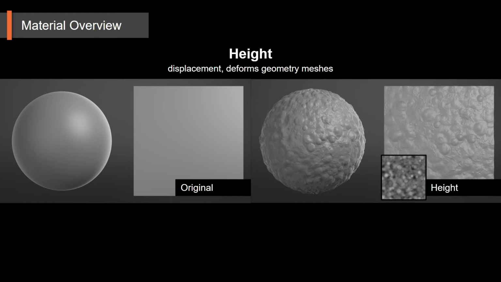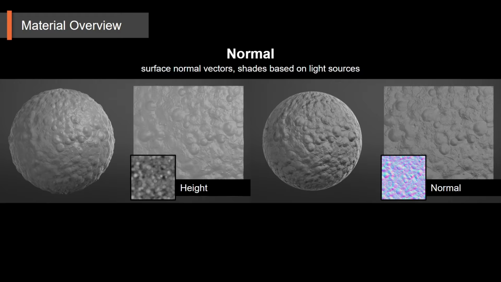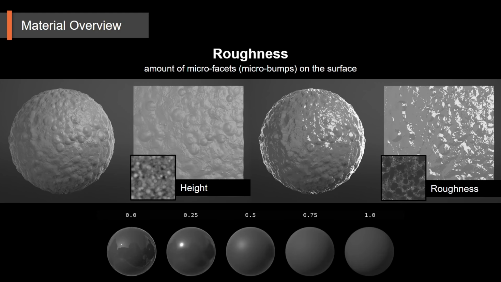The height layer does this displacement. If you see the image on the right side, it actually deforms the geometry mesh. And the normal layer gives some fake shading by light. If you see here, there's no geometry deformation, but only shading.